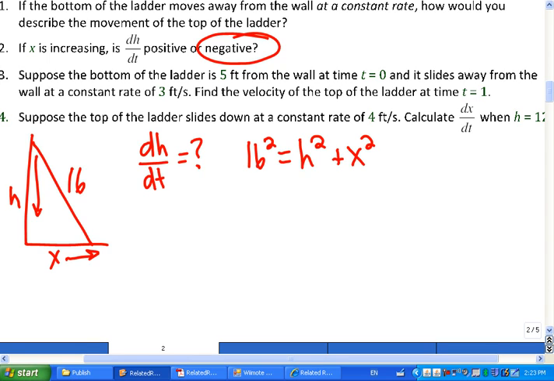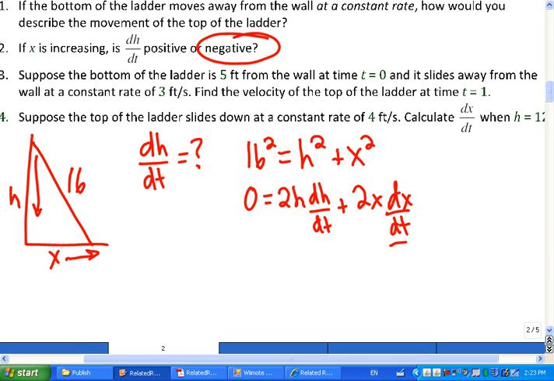Okay, we can leave it this way, because now when I take the derivative, I'm going to get 0 equals 2h dh/dt plus 2x dx/dt. Remember, we're always going implicitly because we're doing this with respect to time. That's why these extra pieces pop out. Those have to be there because it's with respect to time.